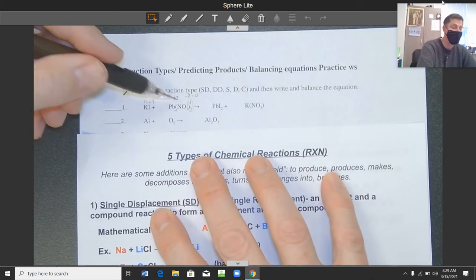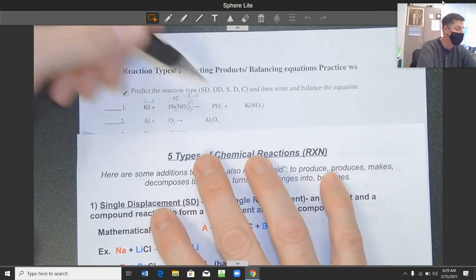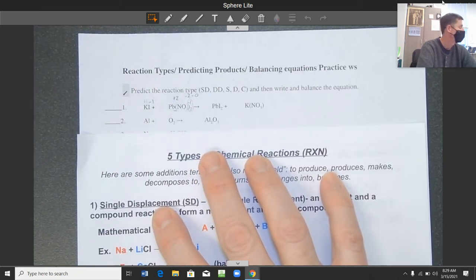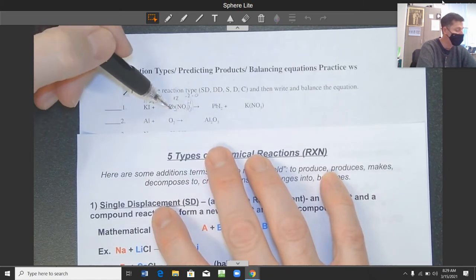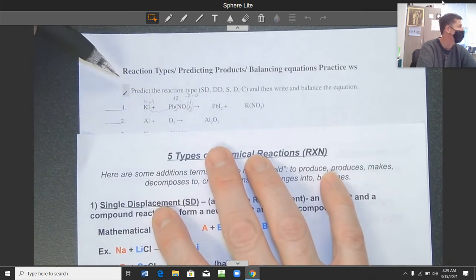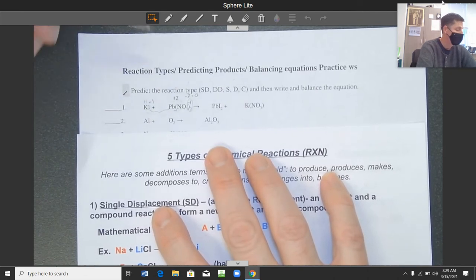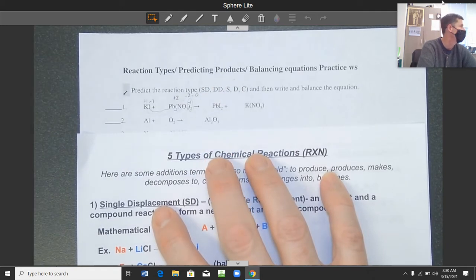So with this, I know K and I go in, Pb and NO3 go in. When I come out, if Pb went in, Pb has to come out, right? So I went in, I comes out, and notice that the Pb and the I now go together. The K and the NO3 now go together. So I had two compounds go in, two new compounds come out.